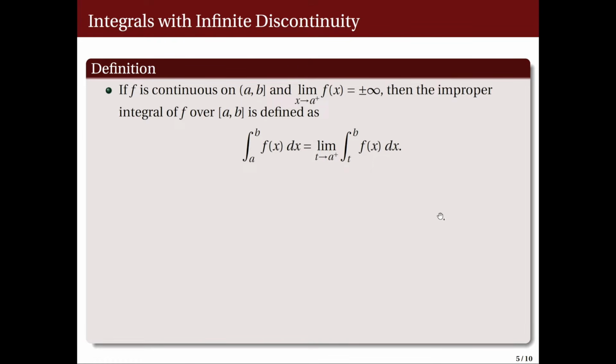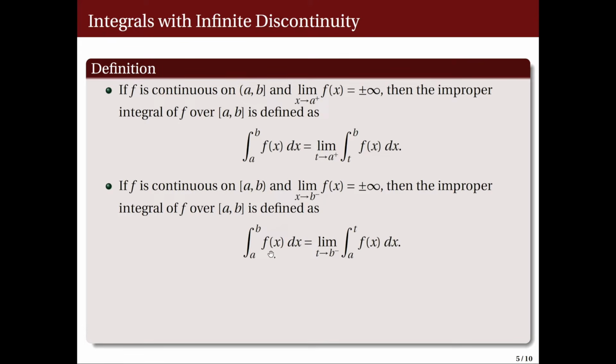In a similar manner, if we have a function f continuous between a and b, continuous at a from the right of a, but there is an infinite discontinuity at b, then we simply replace b by some variable, say t, evaluate the integral from a to t, and then get the limit as t goes to b from the left of b.